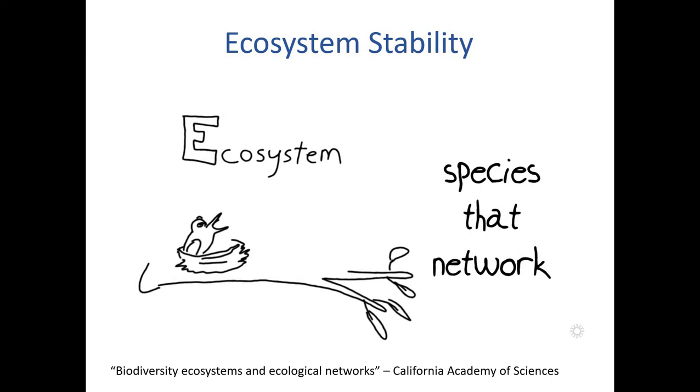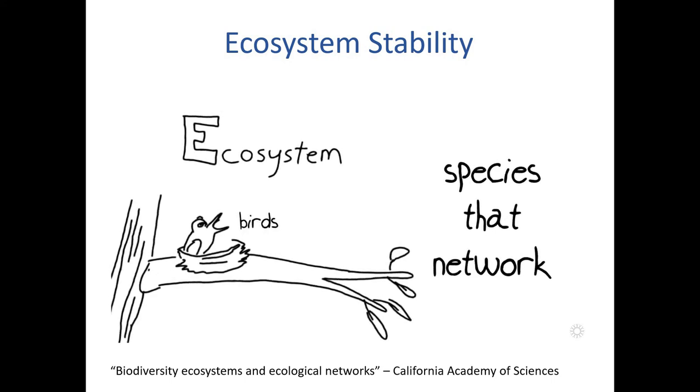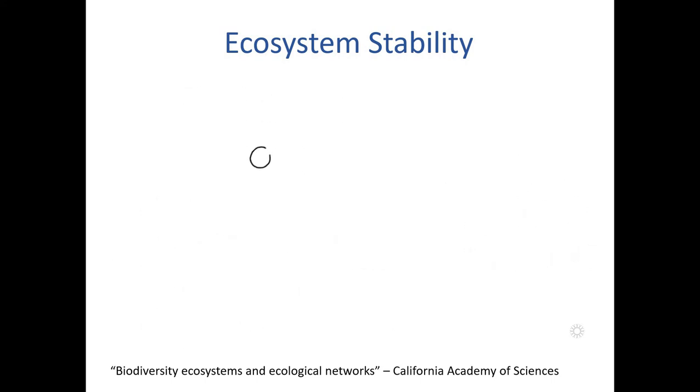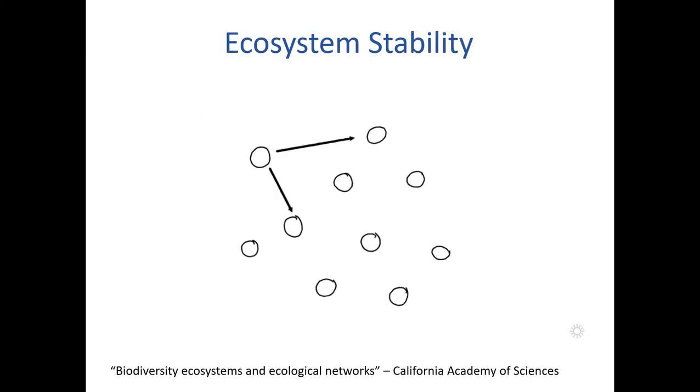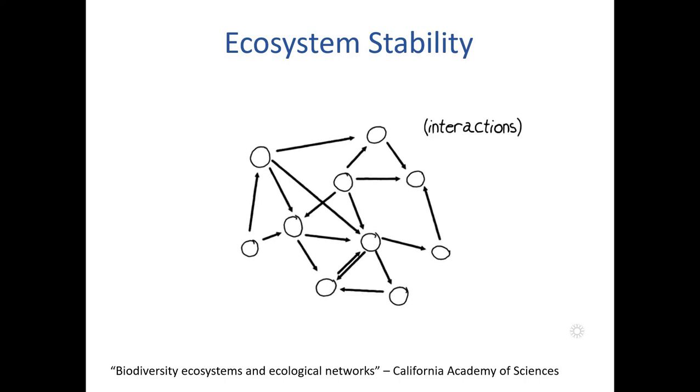They can live on top of one another, like certain birds nesting in trees, or even more crucially, these things might eat one another. This is a diagram, a network diagram of, believe it or not, a relatively simple ecosystem in which the organisms are interacting one with the other. We can draw lines between the species to indicate those interactions.